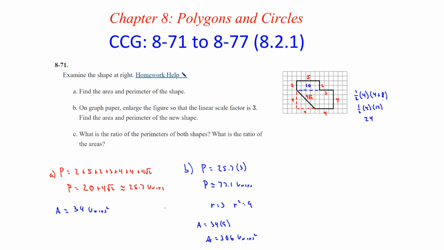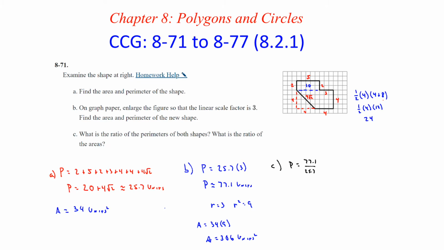On to part C. What is the ratio of the perimeters of both shapes, and then what is the ratio of the areas? Well, hopefully, if I did this all right, the perimeter ratio should be the linear scale factor, which is 3, and that's how we created it anyway. So 77.1 divided by 25.7.